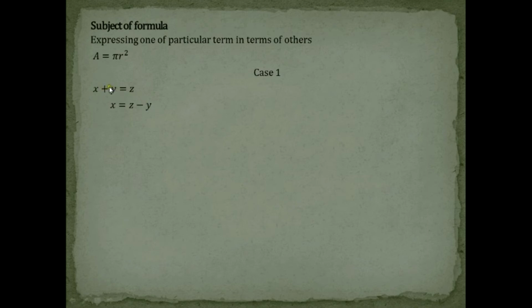So whenever a term crosses to the other side, it changes its sign. This has moved from the left hand side to the right hand side, so it has changed to minus y. Even if it had been from the right hand side to the left hand side, it should change the sign. So whenever a term moves from one side of an equation to the other side, it changes its sign.